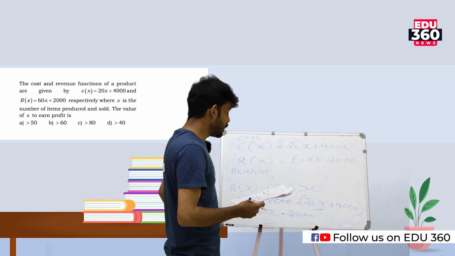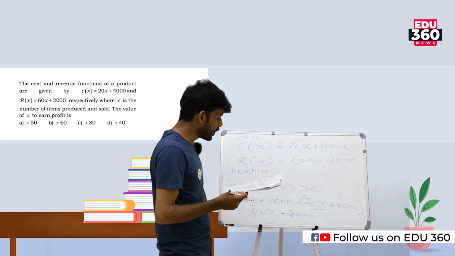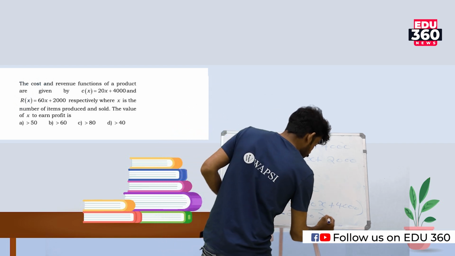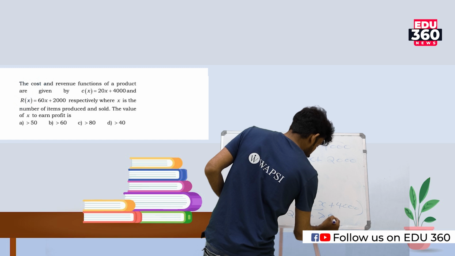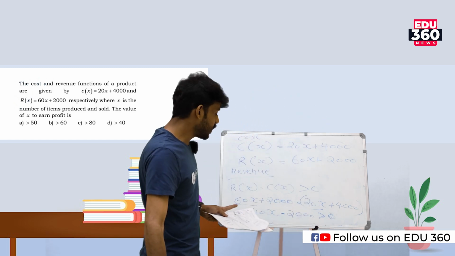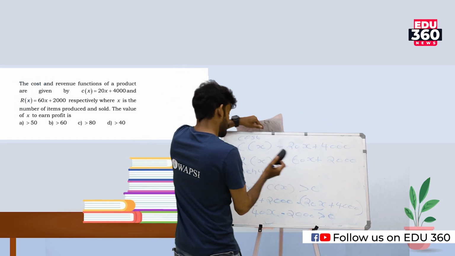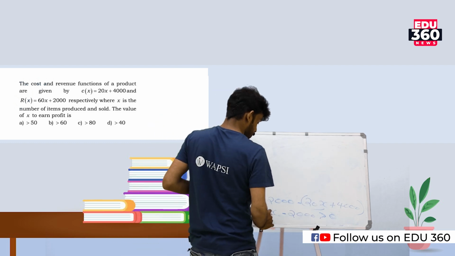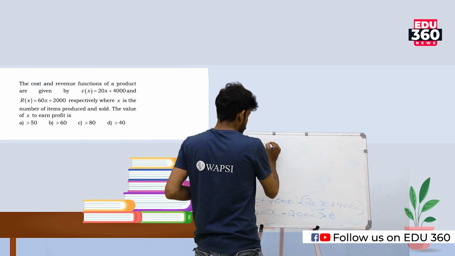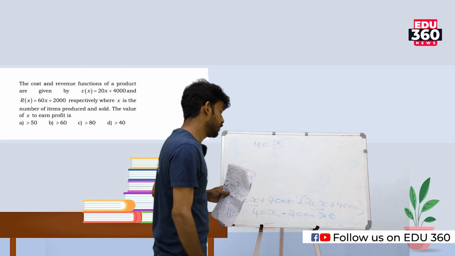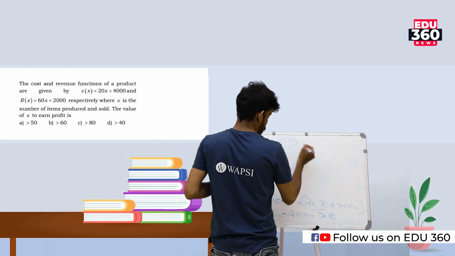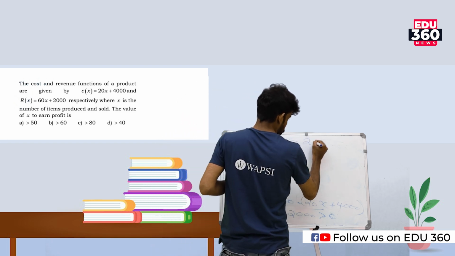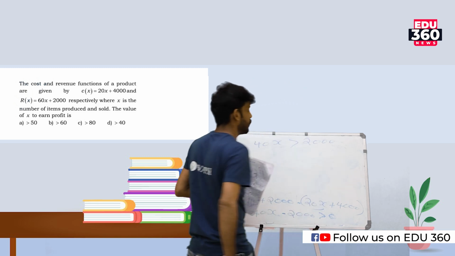So hereafter this is greater than 0. On the next step we can write it as 40x greater than 2000.